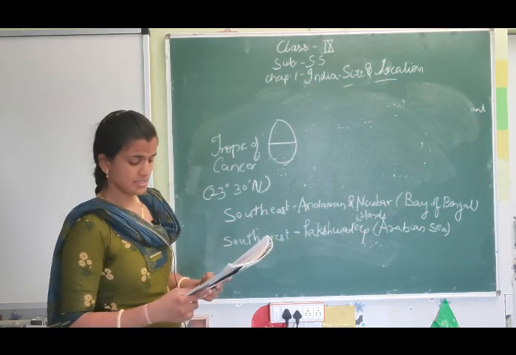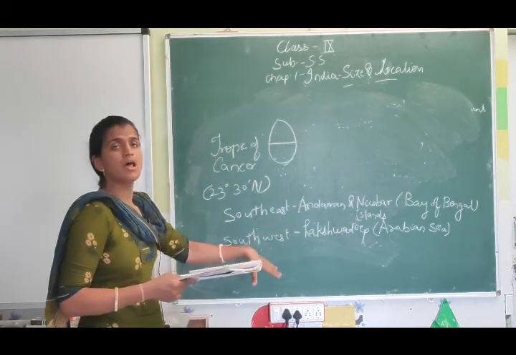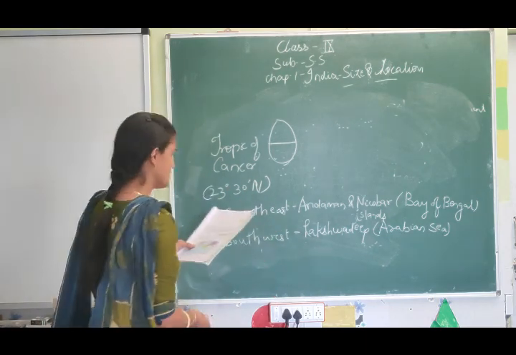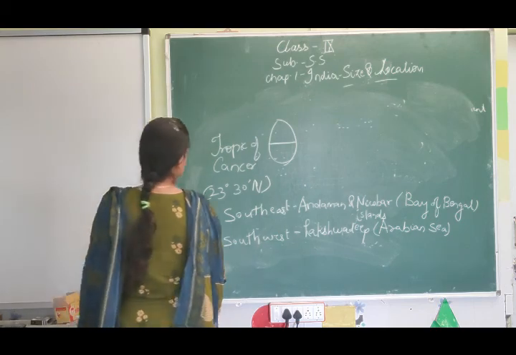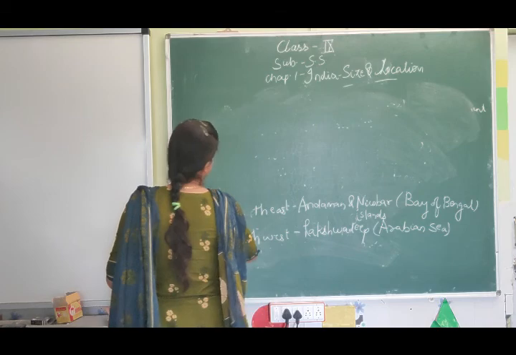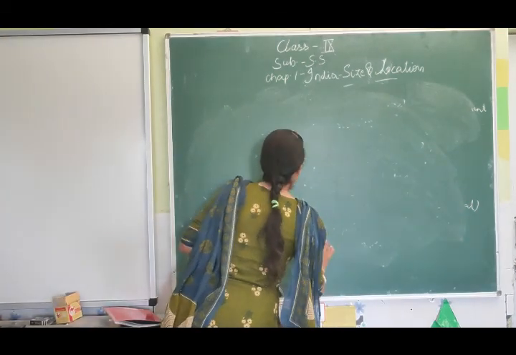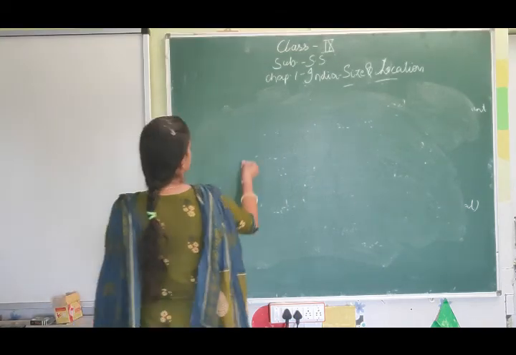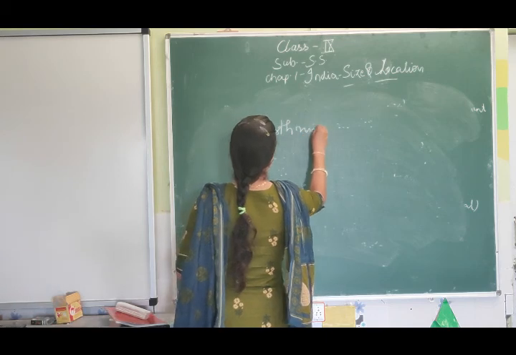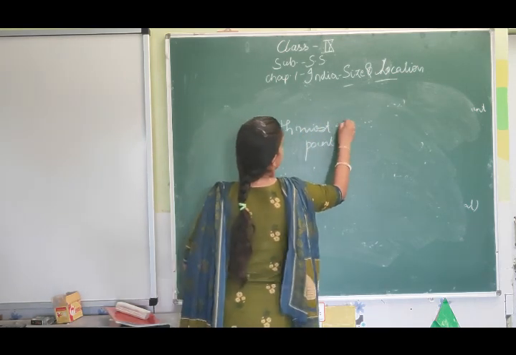Now the southernmost point of the Indian Union is the Indira Point.